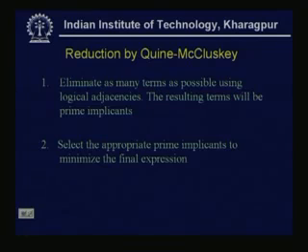So, here we are eliminating terms by noticing only the min terms. We will see the example later. And the next thing we have to do is select the appropriate prime implicants to minimize the final expression. Now, see how we are doing that.